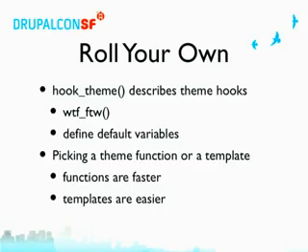Inside that hook_theme, you should list the theme hook that you're trying to implement, and then define the default variables and their default values. So the theme system knows that I'm expecting these variables, and these are the default values, and I'll use those unless I'm given different values when theme is actually called.